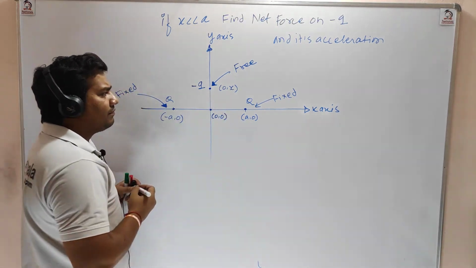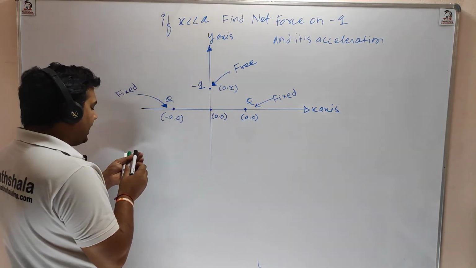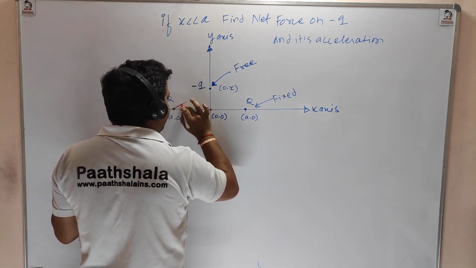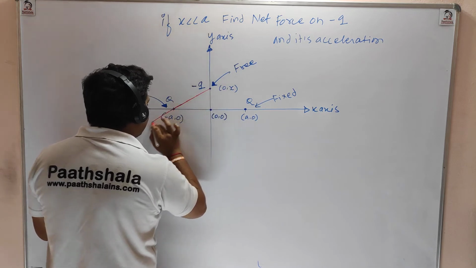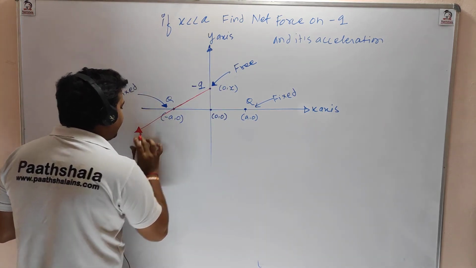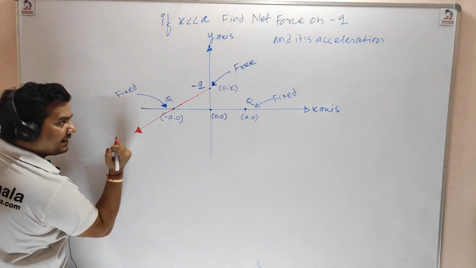Why? There is a force on small q due to this capital Q, right? It will move downward. Capital Q will attract this minus q along the line of joining this side. Do you agree?